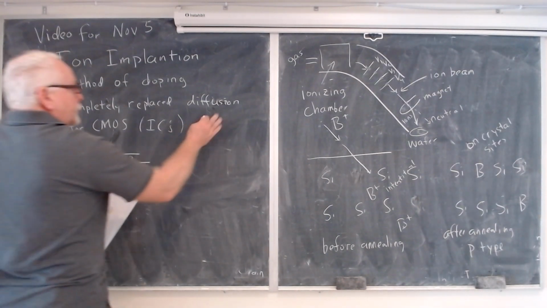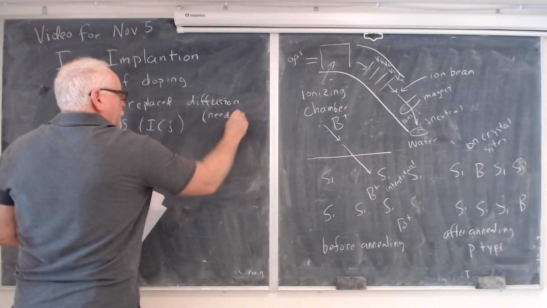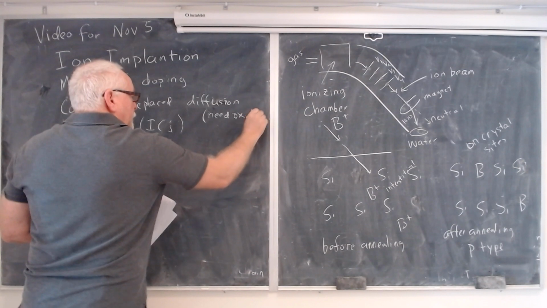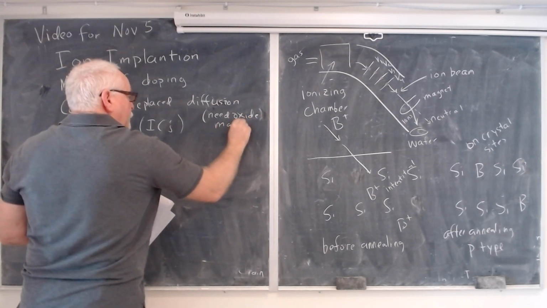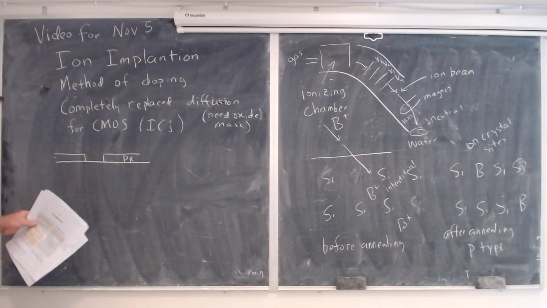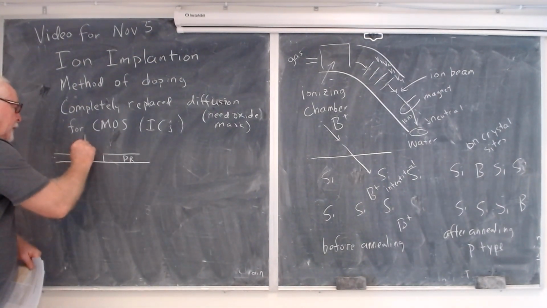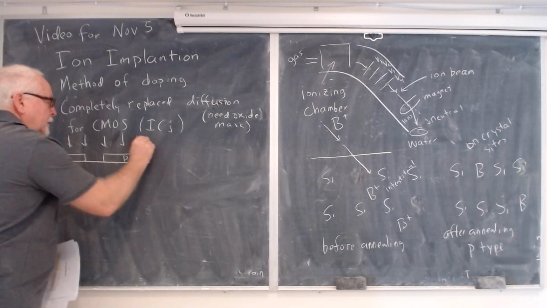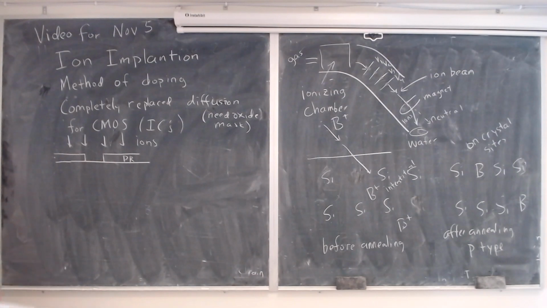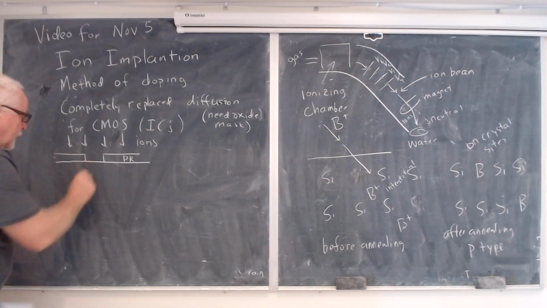Diffusion requires an oxide mask, whereas for ion implantation, you can use a photoresist mask. So the idea is that here are your ions, and they're stopped in the photoresist, and they're allowed to come in here.